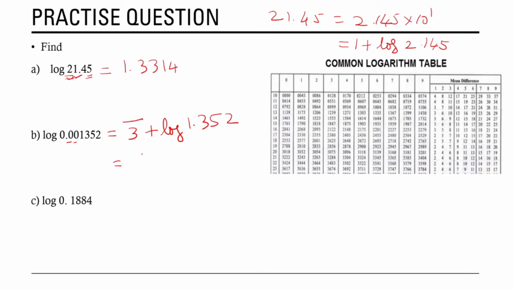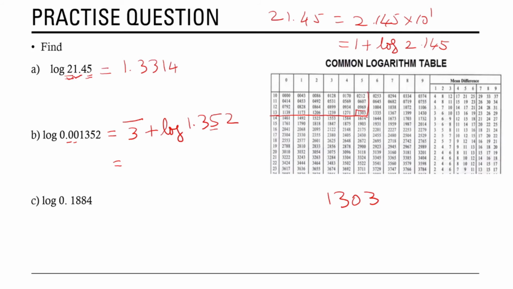So this is equal to bar 3 plus log of 1.352. We take the first 2 digits and look into that row, row number 13. The next digit is 5, so we look into column 5 and I get 1303.